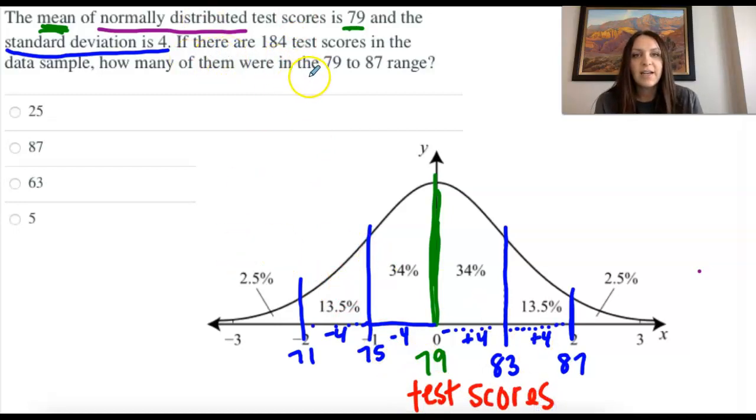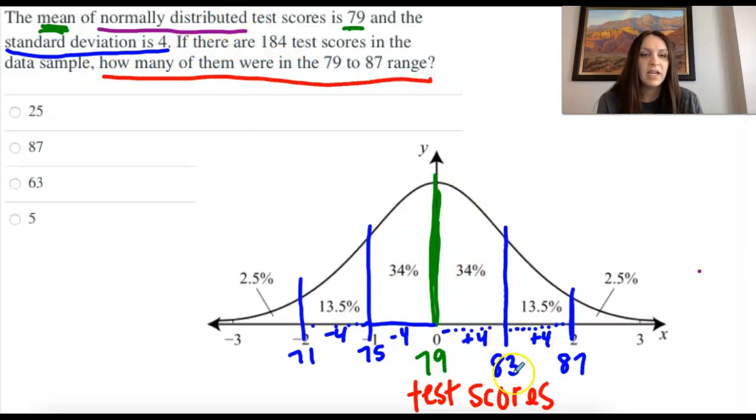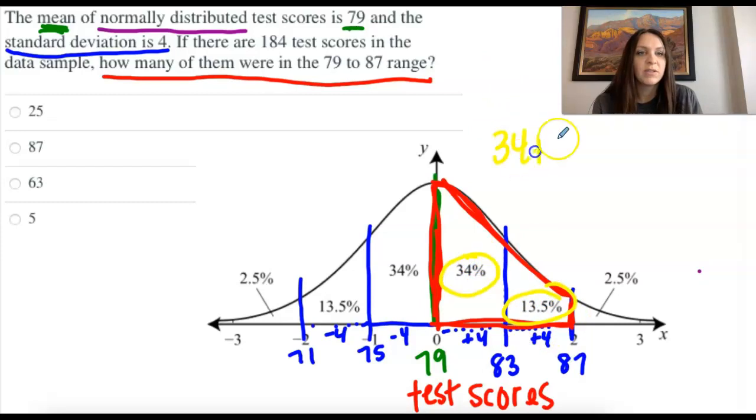So the question is asking how many tests were in the 79 to 87 range. So I'm looking from here, 79 to 87 to here. How many test scores fall in this part of the bell curve? All right, so that's 34% and 13.5%, so we're going to add those. 34 plus 13.5 is 47.5.